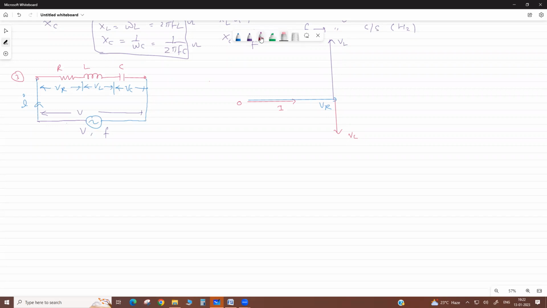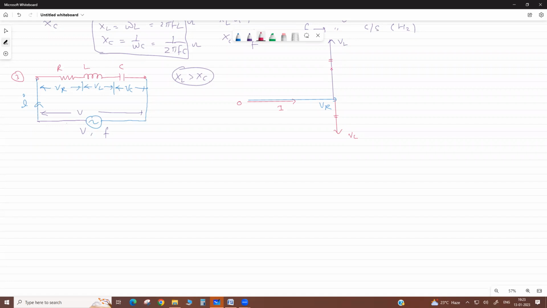So you know this effective value. Let us take the case when inductive reactance XL is greater than XC. In that case, this opposite value we subtract from this side, so the net will come here.